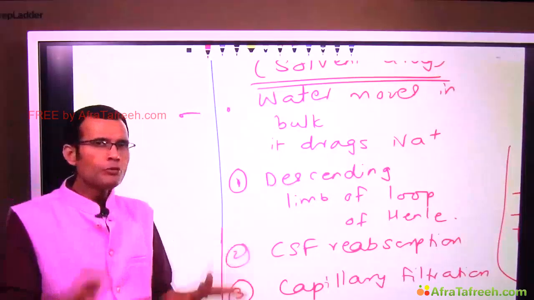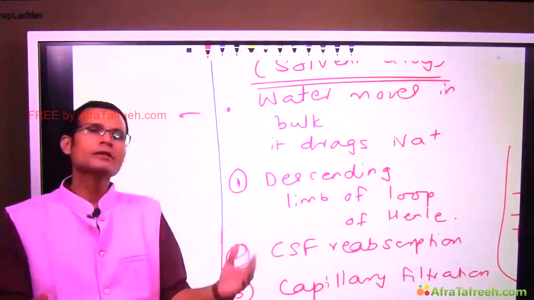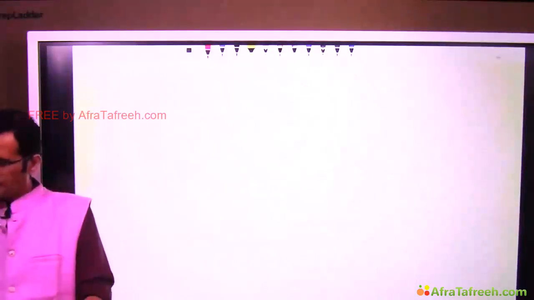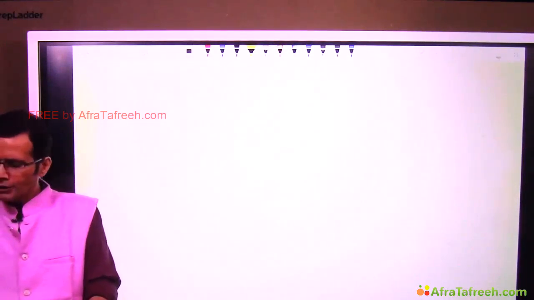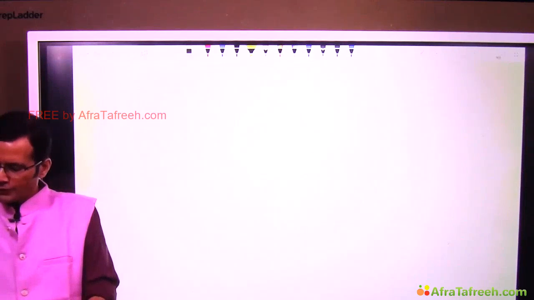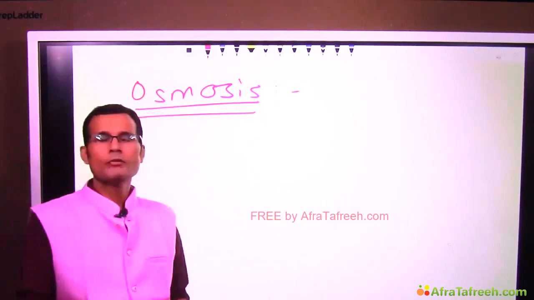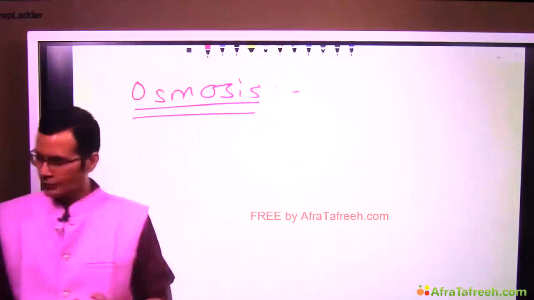So water will move in bulk and it will drag some sodium along with itself. So that's solvent drag. However, we are concerned with osmosis, and we've already defined it. Wherever there is high sodium, it will pull water by osmosis.